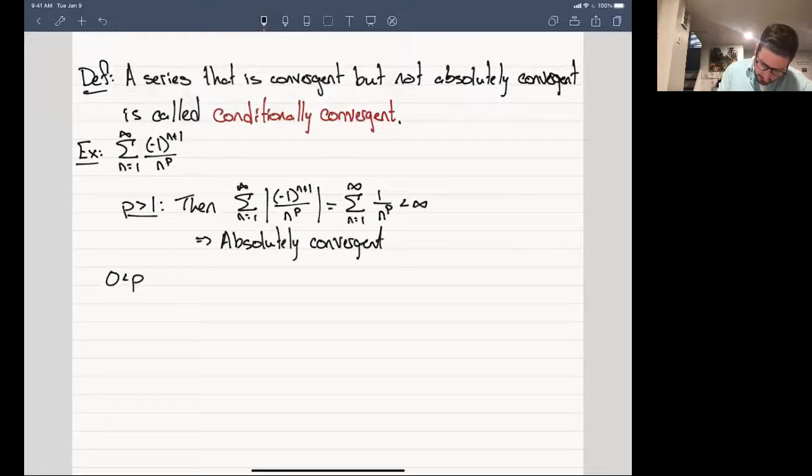Okay, how about another one? What happens if we take p between 0 and 1? So we've already seen that this thing, the original series, is not absolutely convergent, right? We've done a lot of work with this stuff.